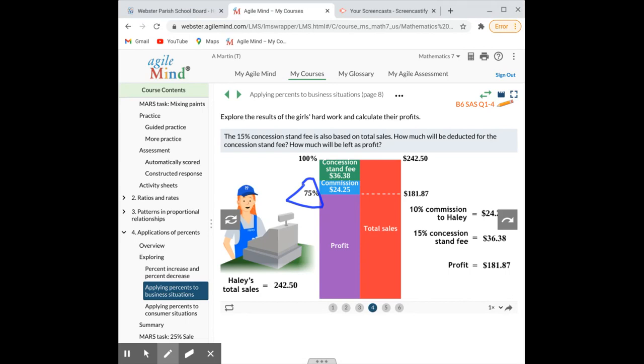The profit? Yeah, it's the profit. So why did they combine the concession stand fee and the commission? Because that shows how much they wanted to know the profit. Because the fees that they didn't get. Hold up, one at a time. Levi, go ahead. It shows the amount that the team does not get. Okay. What did you say, Angel?